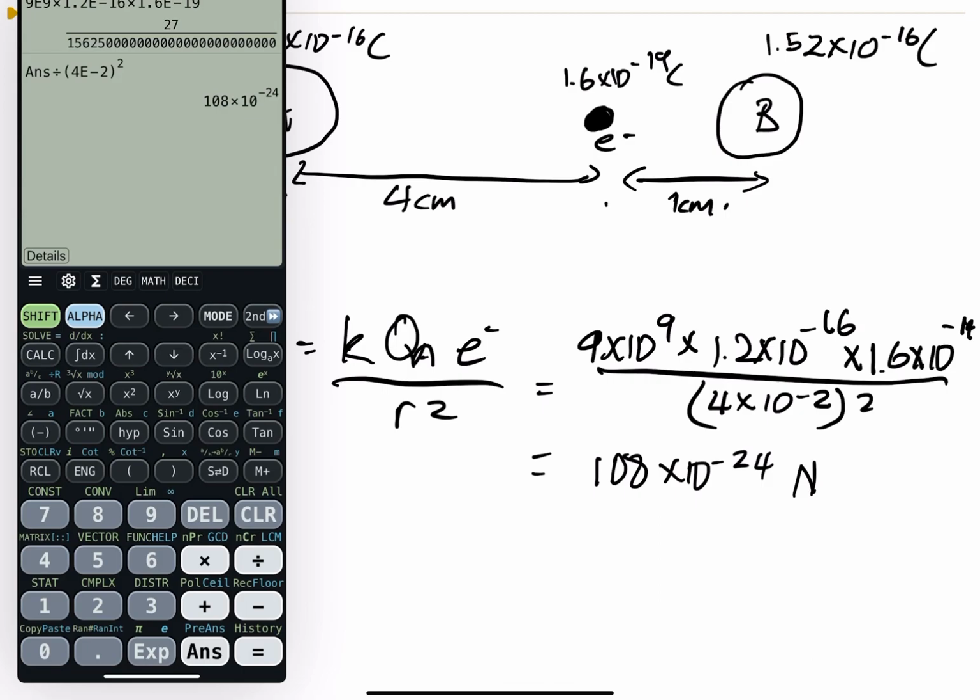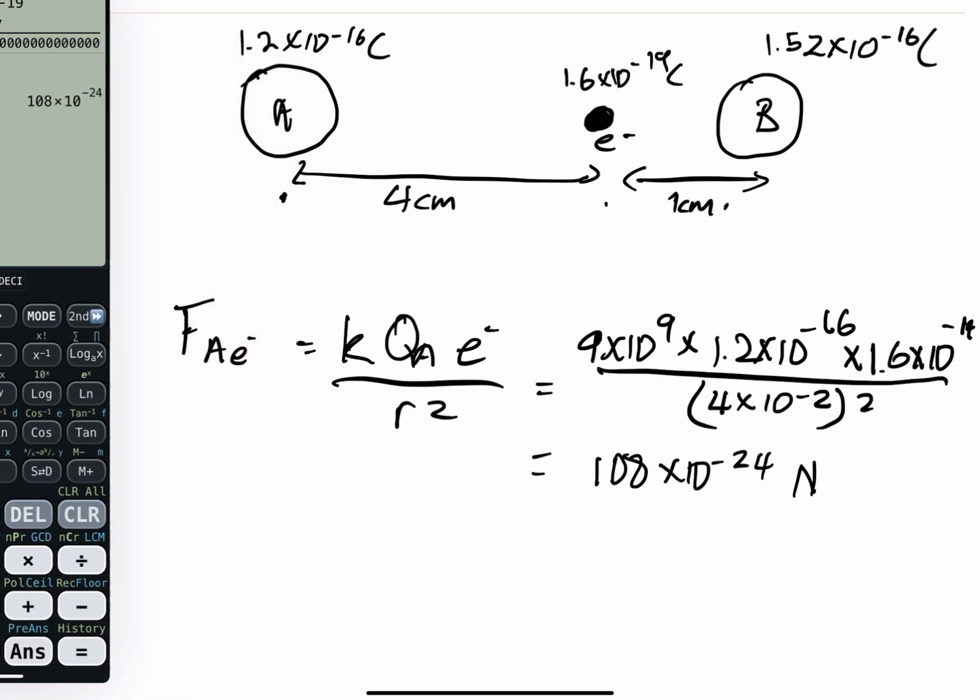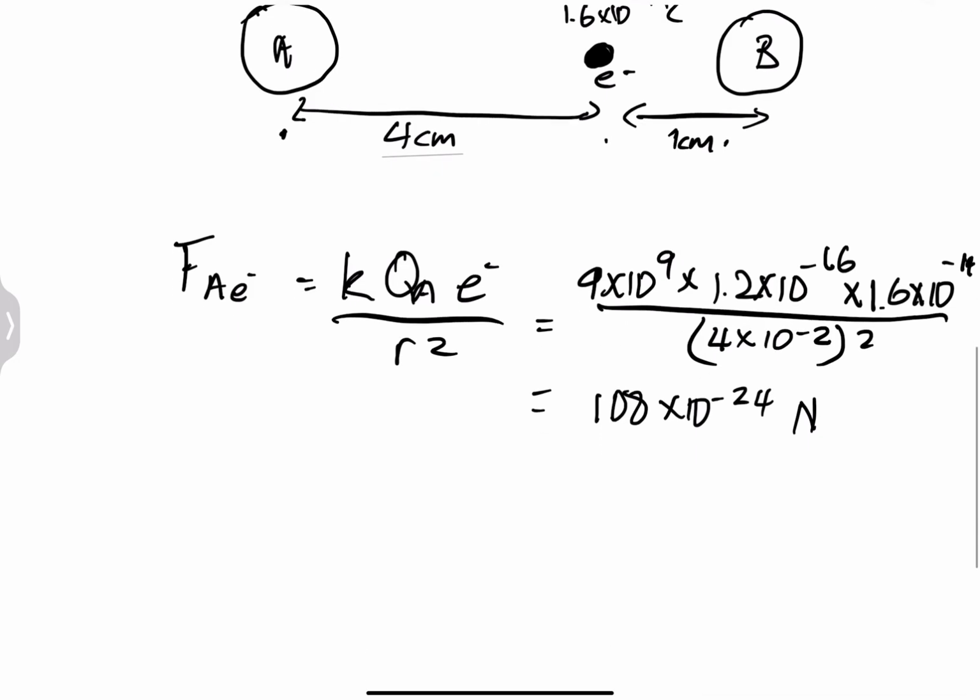For some of you, you probably might get something like 1.08 times 10 minus 20, that would be 22. Yeah, so that would be 22. All right, so that's what you'd get between charge A and the electron.